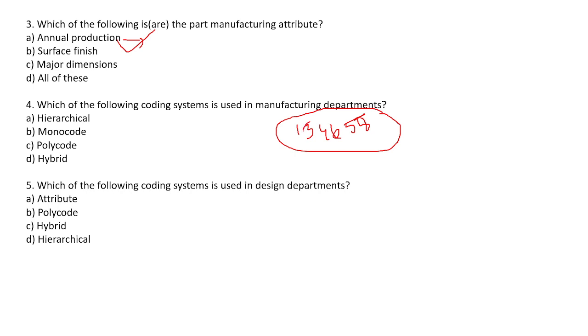So 3 takes information from 1. That is the main significance of the hierarchical or monocode coding system.